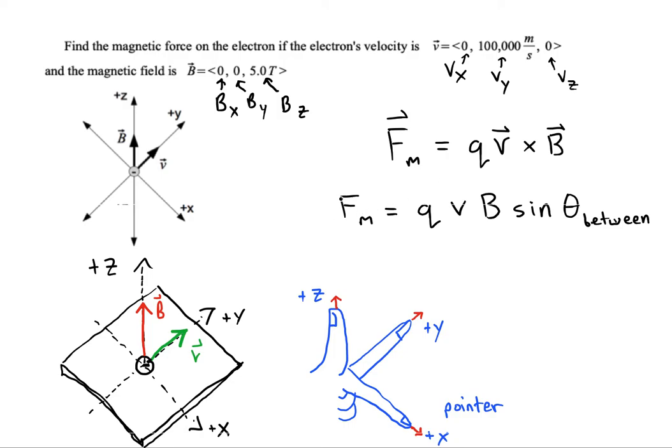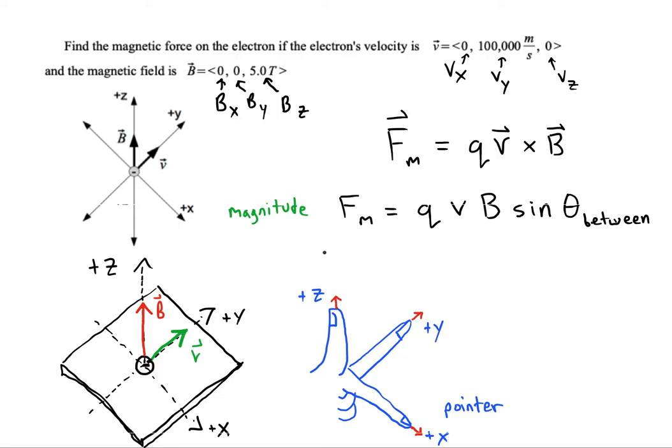Now notice that I took the vector away because it's not a vector anymore. I'm talking about the magnitude or size of it. And then I can use a right-hand rule to determine what the actual direction of the force is. But this formula right here will always give you the magnitude of the magnetic force.